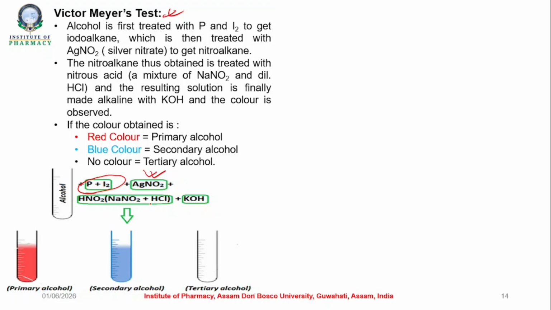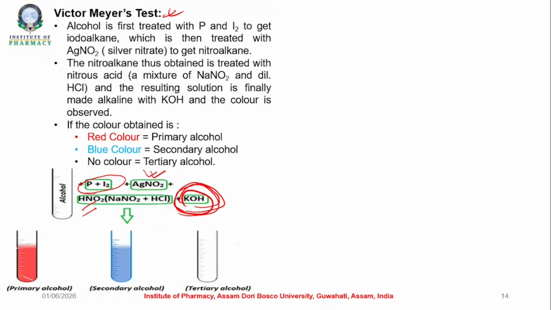The nitroalkane which is obtained is then treated with nitrous acid, HNO2. After this we add KOH to make the solution alkaline. As soon as the solution turns alkaline, we see a color change.